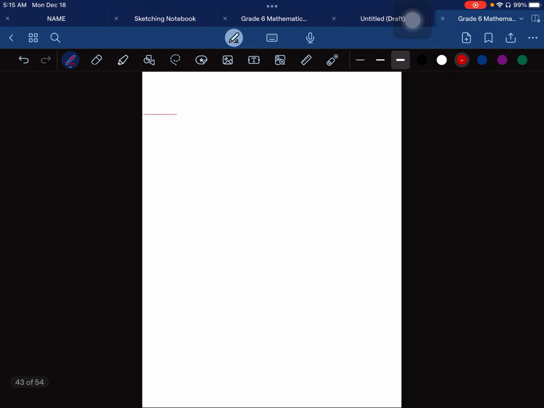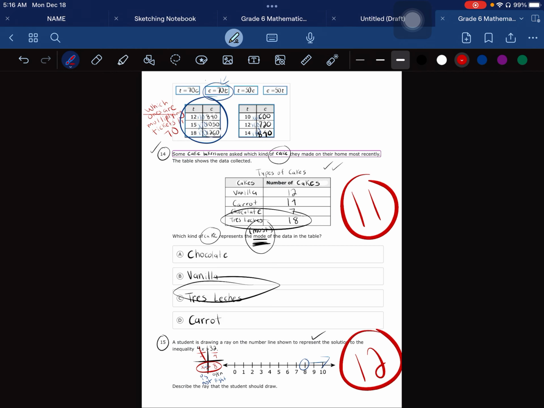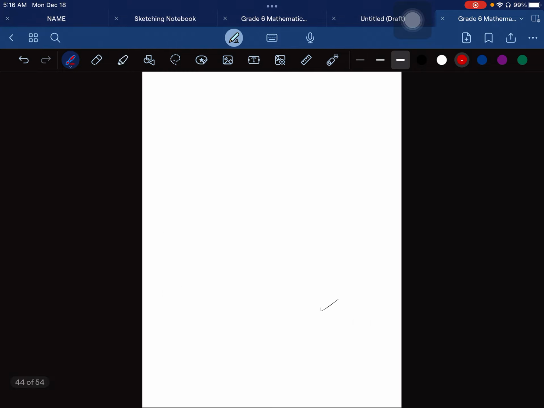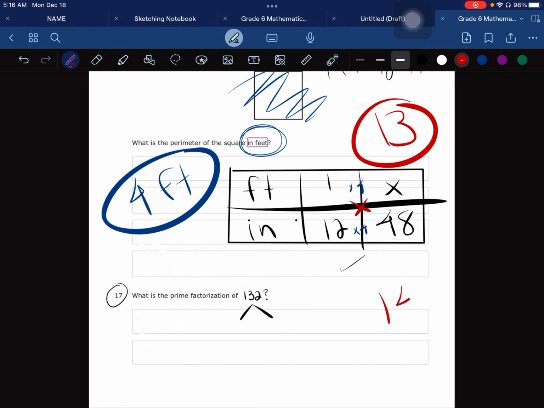I think it's easy. Slow it in, chicos. Give it a second. Obviously 11, 12, 13, and it's going to be 14.